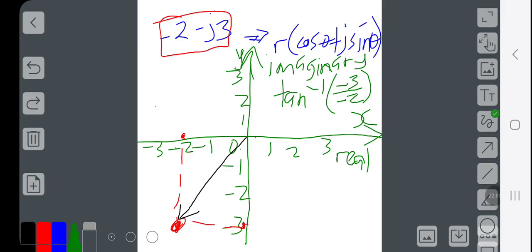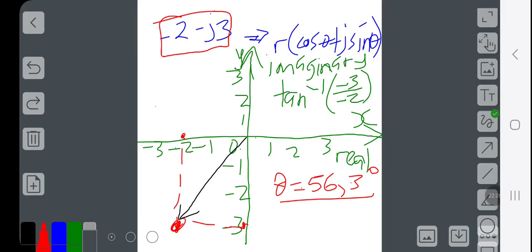It's 56.3. Let's leave it at 1 decimal place, it's fine. So guys, I want to ask you something. What does it mean?